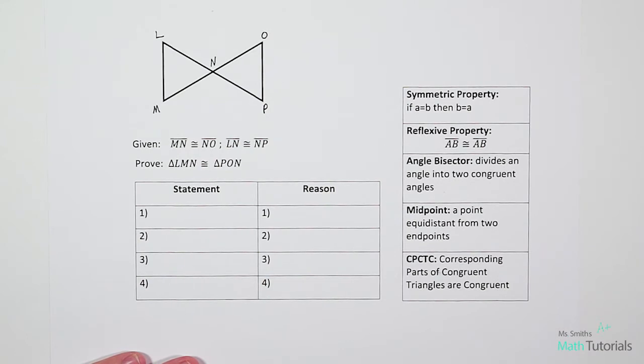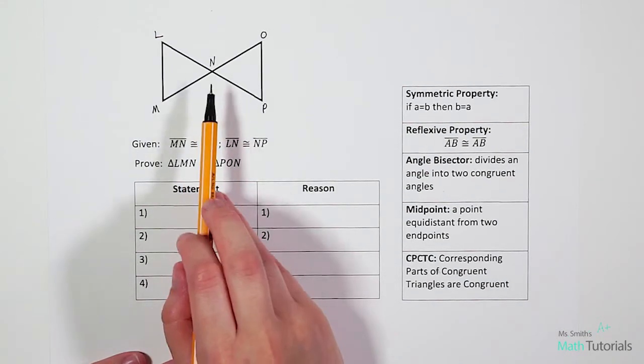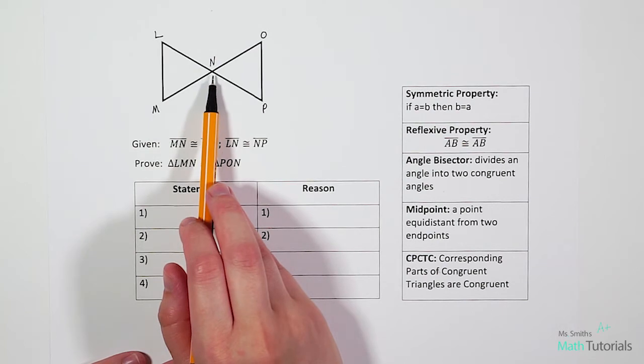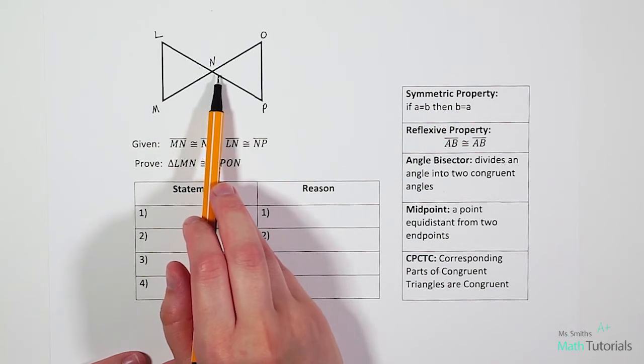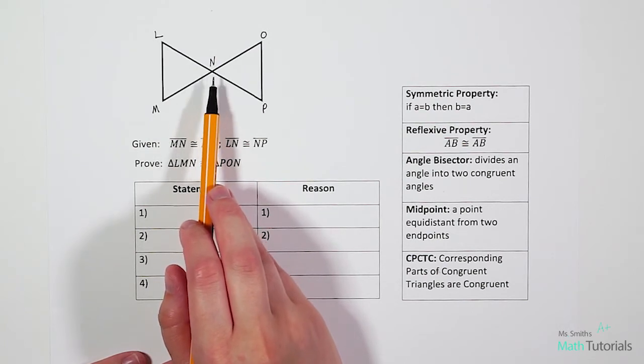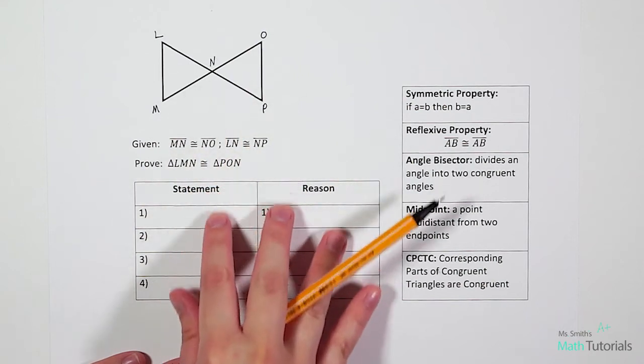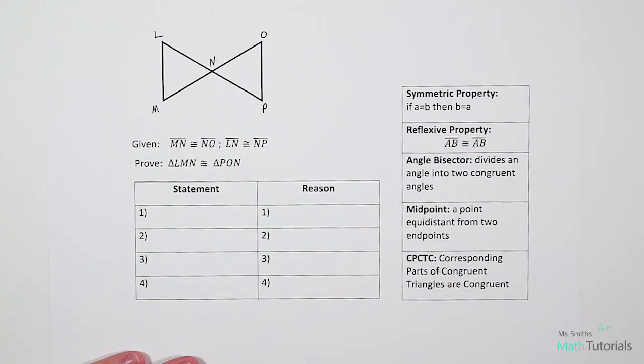For this example, we're going to be doing a geometric proof. So for this one specifically, we're not going to be doing work on the side. We're going to be marking maybe sides that we know are congruent or angles that we know are congruent actually on the picture to help us complete this table. There are 2 of my videos I'm going to recommend as prerequisites to geometric proofs.